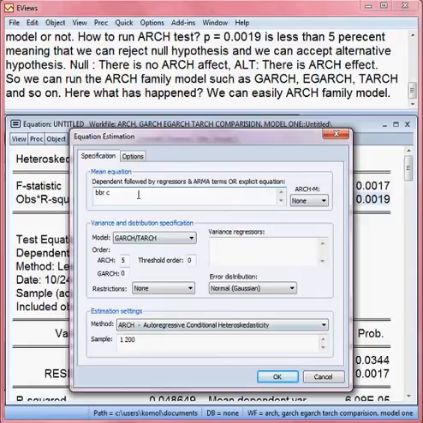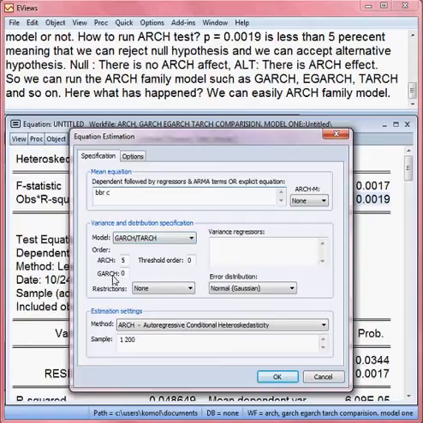Okay, actually what is happening here is that from this mean part, we shall take the residual, and we shall put the residual in the variance equation.